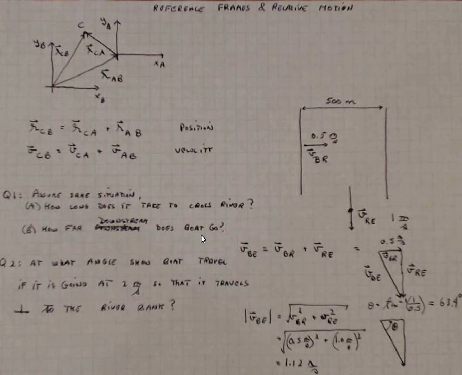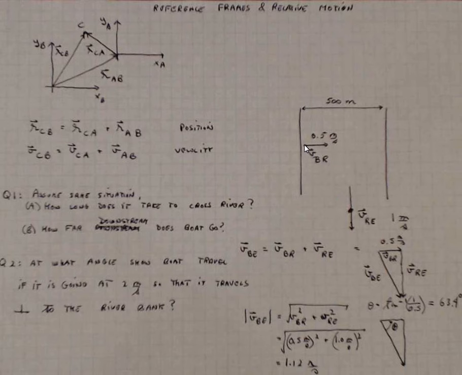Okay, and question 2. Let's first of all assume that the boat is going at 2 meters per second rather than the 0.5 meters per second. At what angle should the boat travel if it ends up traveling perpendicular to the riverbank?